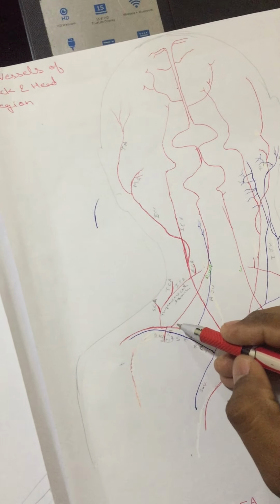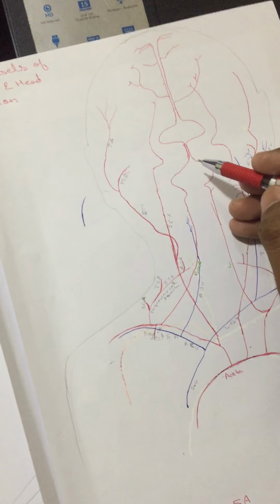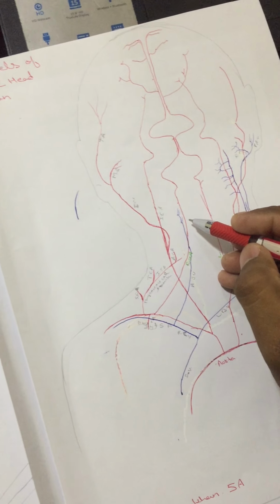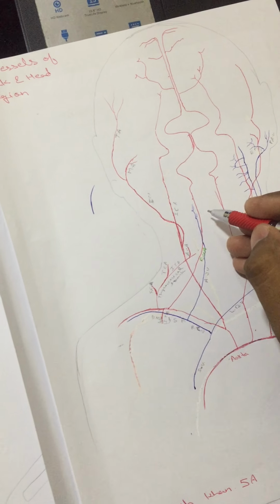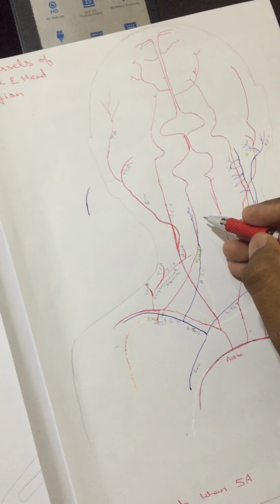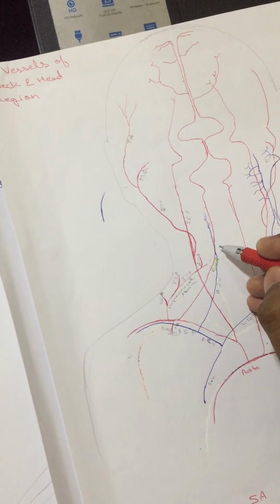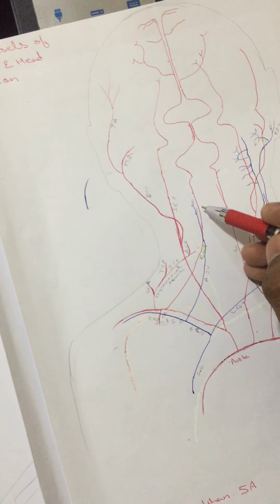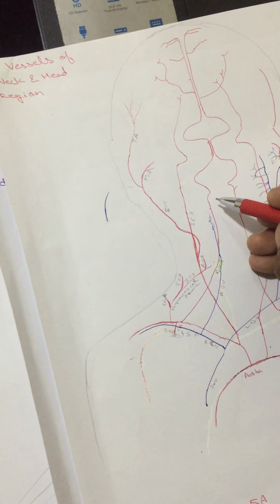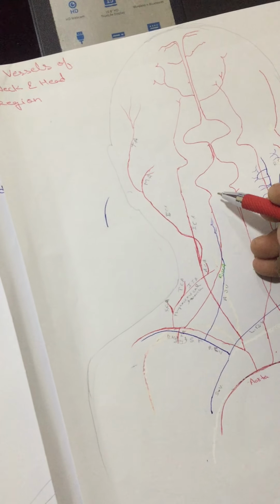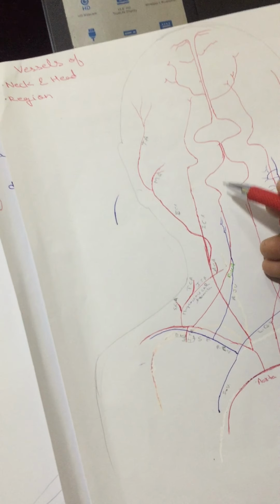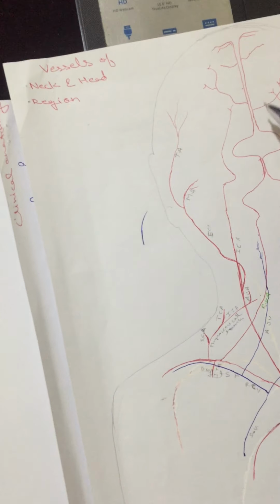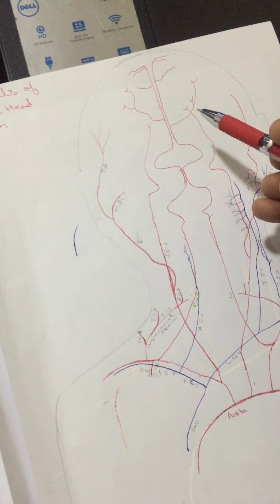So the vertebral artery goes to our internal head, the brain region, via the cervical bones, C3, C4. It goes via the transverse foramen, and it enters the cranial cavity via the foramen magnum, and it supplies our brain.